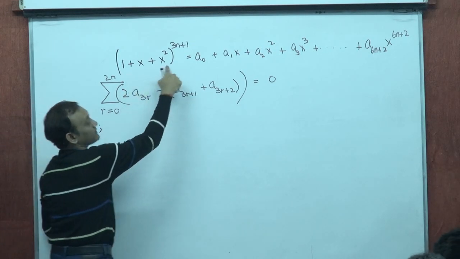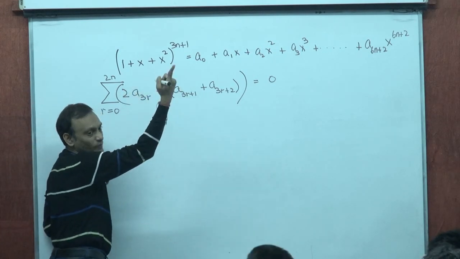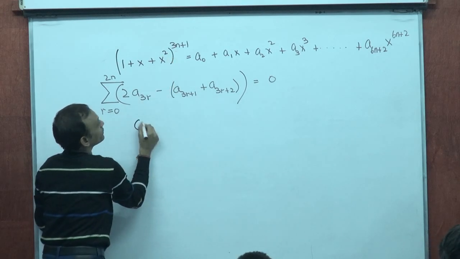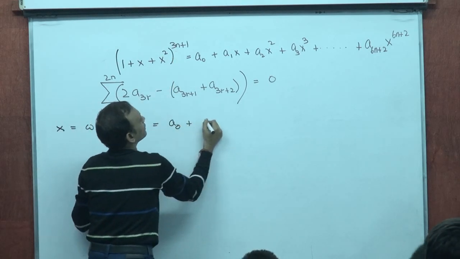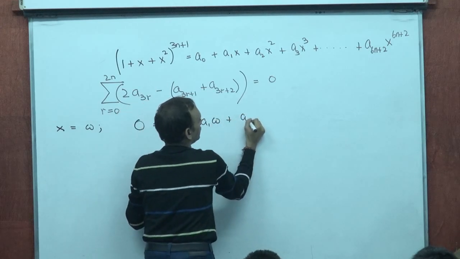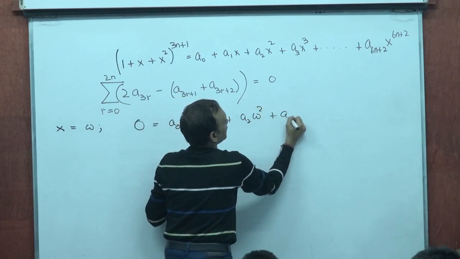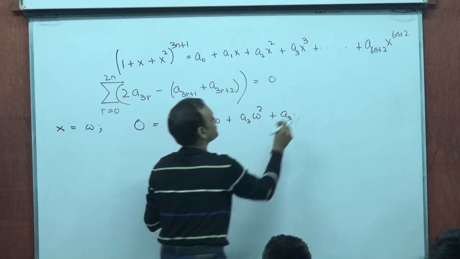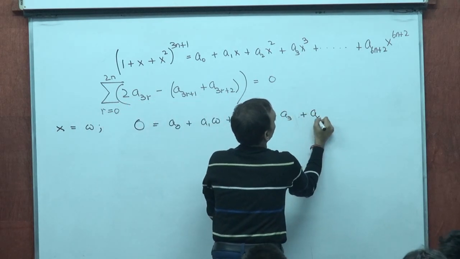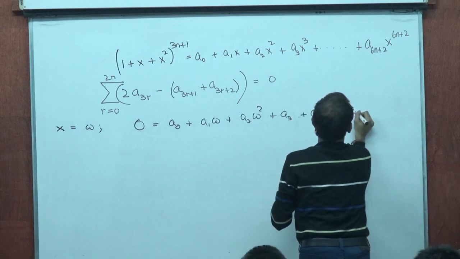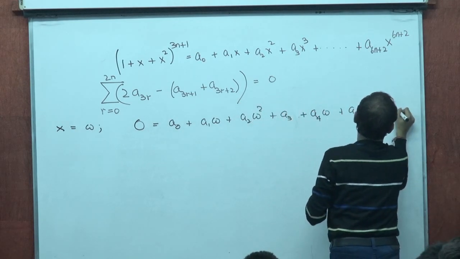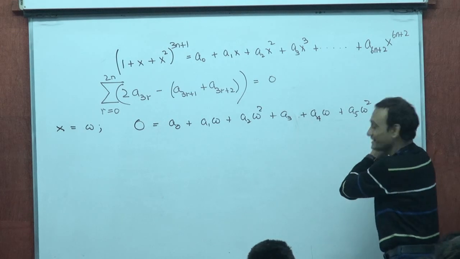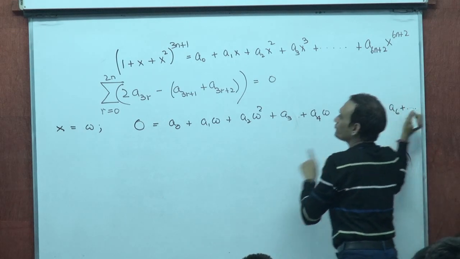So if I plug in x equal to omega, for example, what am I going to get? 0. 1 plus omega plus omega squared is 0. So 0 equals a0 plus a1 omega plus a2 omega squared plus a3 omega cubed, a3 therefore, right? Plus a4 omega, a5 omega squared, a6, and so on and so forth.